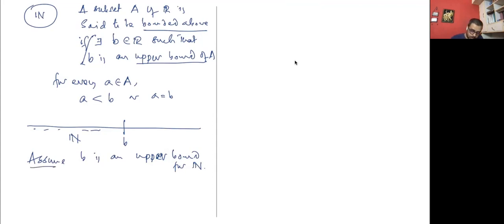Under this assumption, N will be a non-empty subset that has an upper bound. So by that property, N has a least upper bound. Let's call it beta.